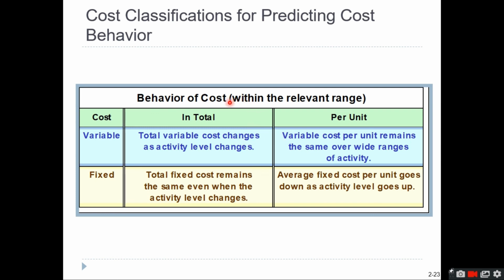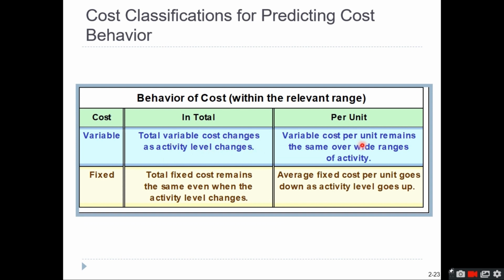So again, this is in relation to a relevant range, particularly talking about the fixed cost, because fixed cost will not change within a relevant range, but if we exceed the first level of relevant range, it means that it is possible that it will increase or it will decrease already. Okay? So variable cost, again in total, it will increase as the units also increase.